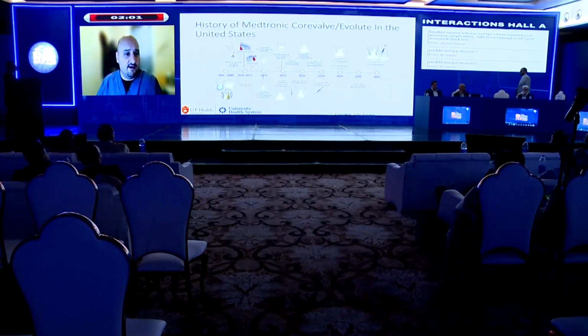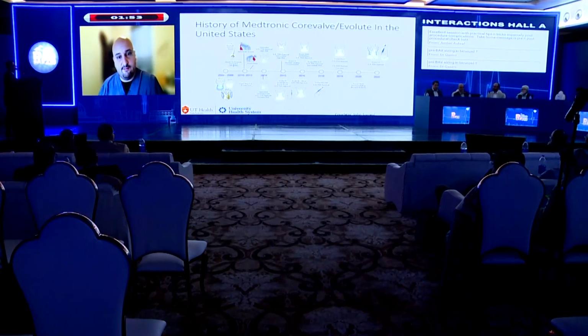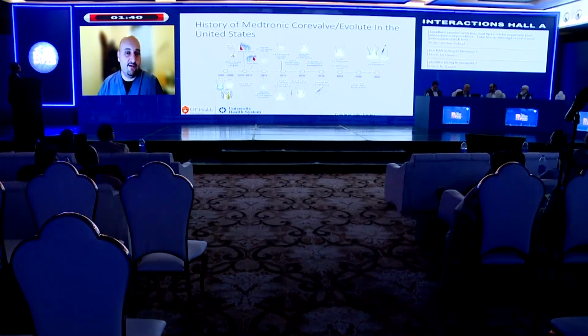A similar timeline is seen on the Evolut family, with the most recent improvement in the delivery system, the Evolut Flex, which is more flexible and helps with more predictable deployment in these patients.